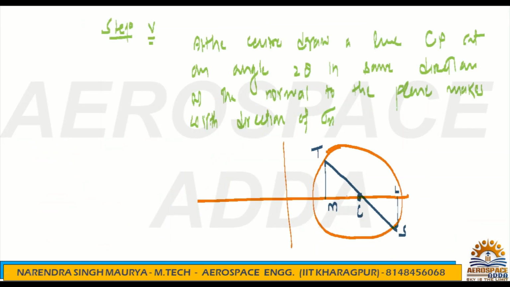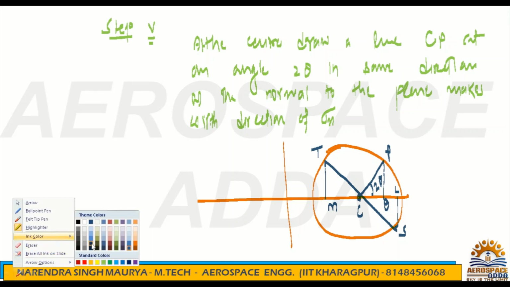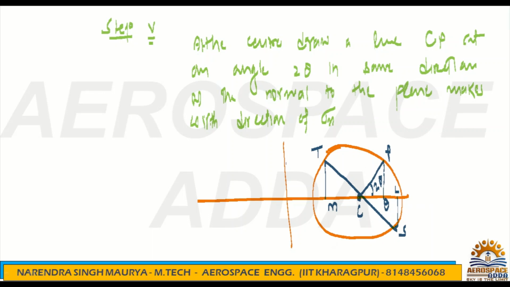Now I am saying you just draw one line CP here, at angle 2 theta. You have to mark it, and then draw the perpendicular. This is P. Once you check the location of P from the vertical axis horizontally, this length is nothing but sigma n, and this PQ, this length, is nothing but tau.